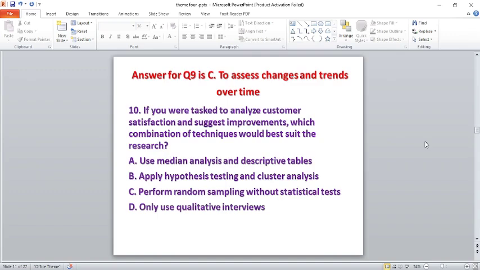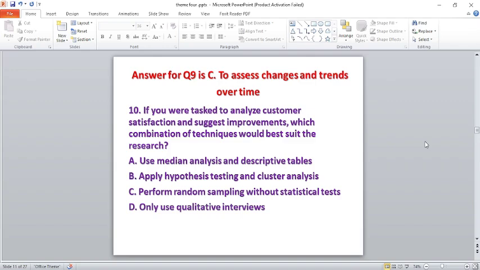Question number 10. If you were tasked to analyze customer satisfaction and suggest improvements, which combination of techniques would best suit the research? A. Use median analysis and descriptive table.